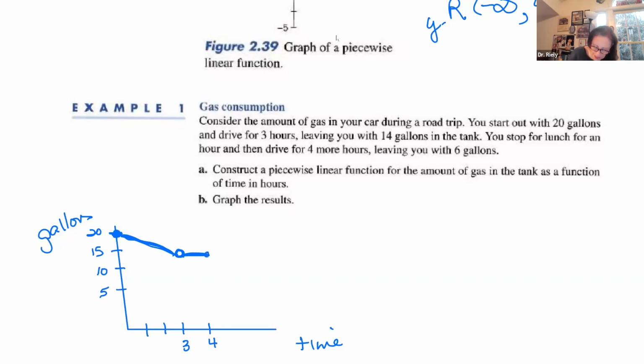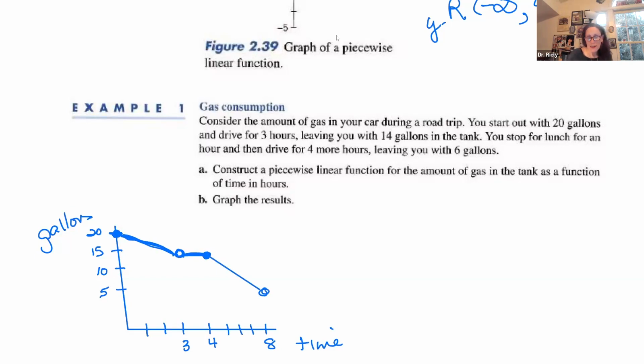So I would say that here you're going to start to drive again. And this time when you're done, so 4 more hours is going to take me to 8, 4, 5, 6, 7, 8. I'm going to only have 6 gallons. So I'm going to be about here when I stop. And there is a piecewise function.